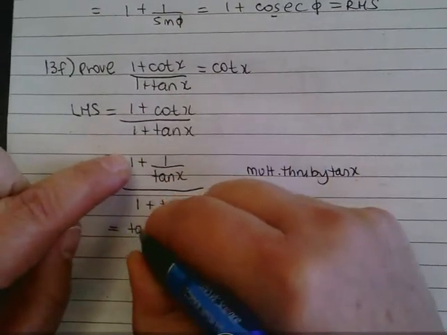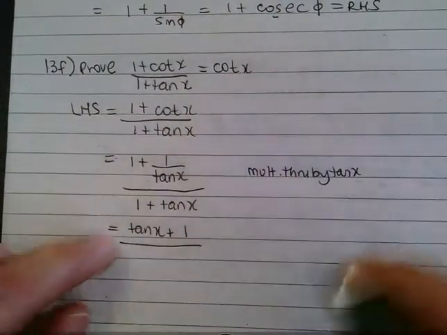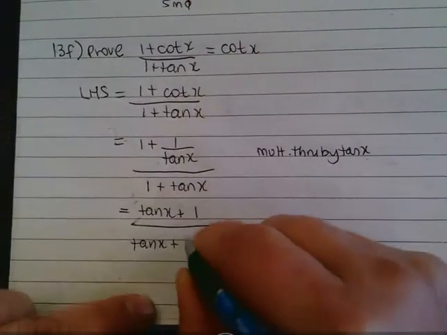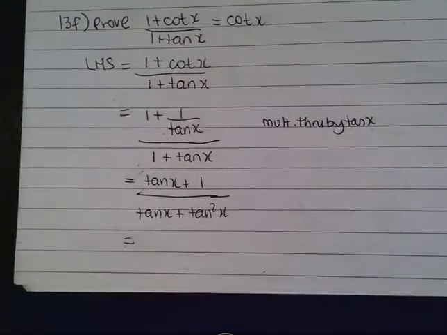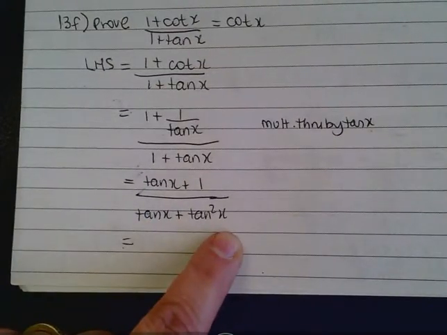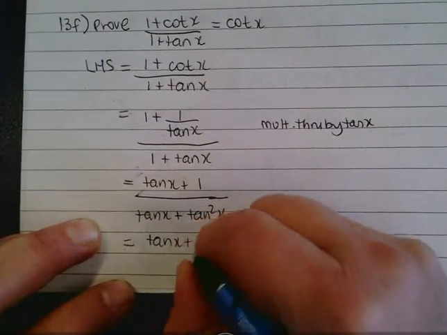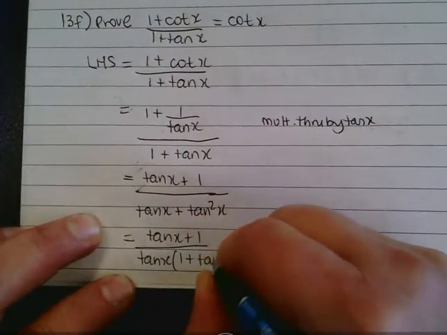So I multiply the first thing by tan x, and then this gets multiplied by tan x, which gives me 1, and then this gets multiplied by tan x, and this gets multiplied by tan x. Now, we're hoping for some cancelling, but we can factorise out a tan x in the denominator. So I've got tan x plus 1 over tan x bracket 1 plus tan x.